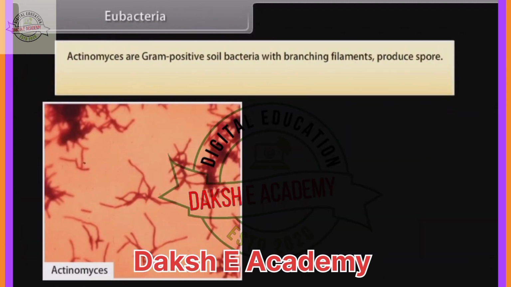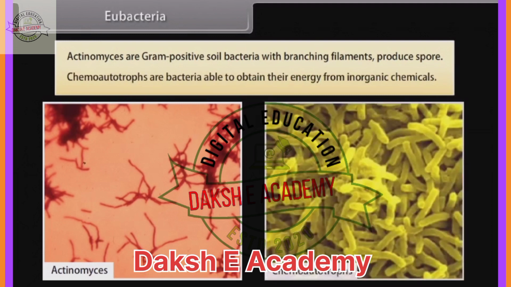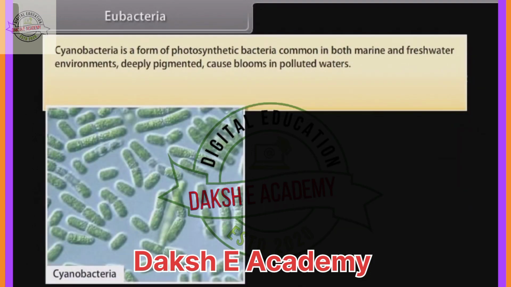Actinomyces are Gram-positive soil bacteria with branching filaments that produce spores. Chemoautotrophs are bacteria able to obtain their energy from inorganic chemicals. Cyanobacteria are a form of photosynthetic bacteria common in both marine and freshwater environments, deeply pigmented, and cause blooms in polluted waters.